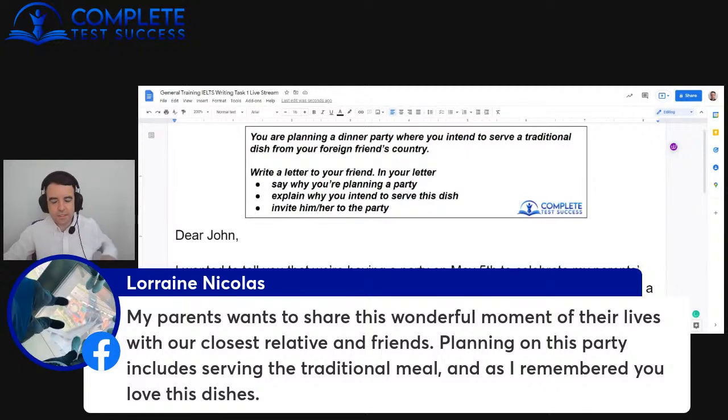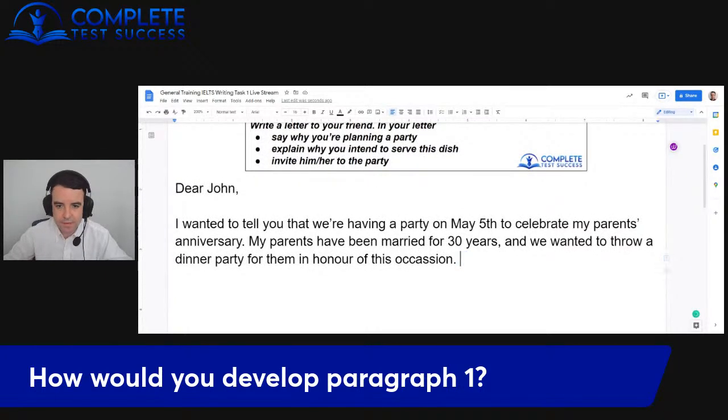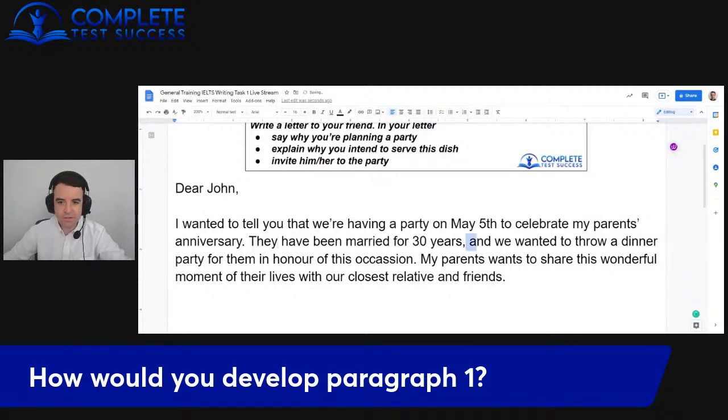So let's just take the first part of Lorraine's answer to make our paragraph long enough. I'm just going to fix it up just to make sure there's no repetition. My parents. Okay, so again, we've said my parents here, so it would be more natural to have a pronoun. They've been married for 30 years and we wanted to throw a dinner party for them in honor of this occasion.